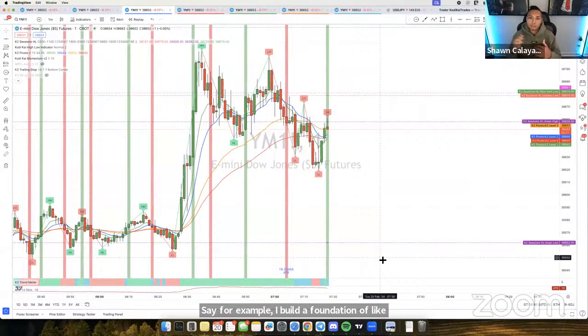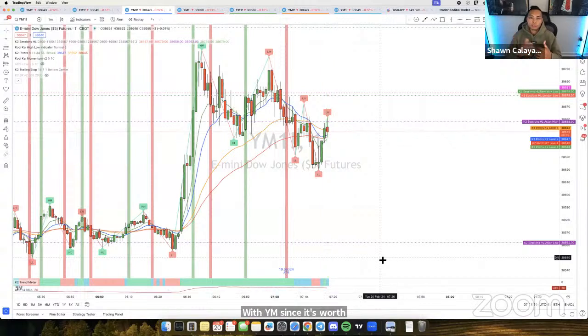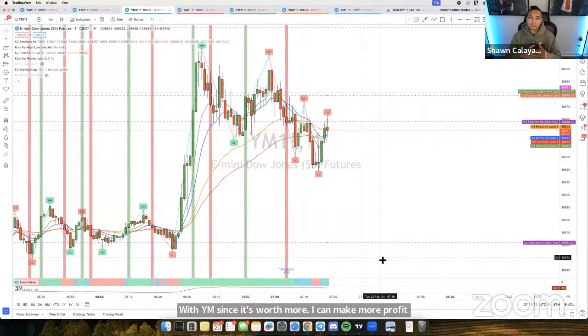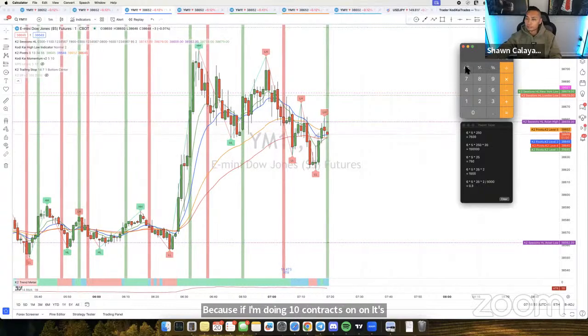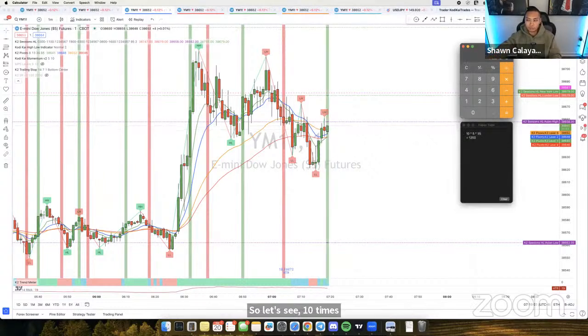If I get capped at 17 contracts and I can't increase, then my profit potential is already capped at that point. With YM, since it's worth more, I can make more profit doing the same thing. If I'm doing 10 contracts on YM, it's 10 times 5 times 25, which is 1,250. So I'm still making more profit on YM versus ES.